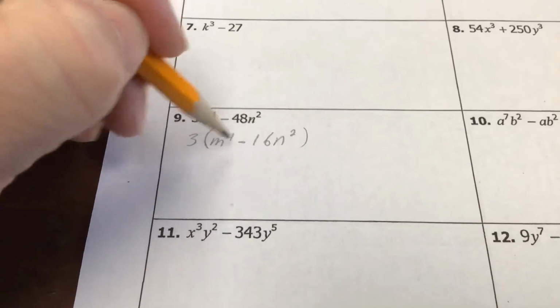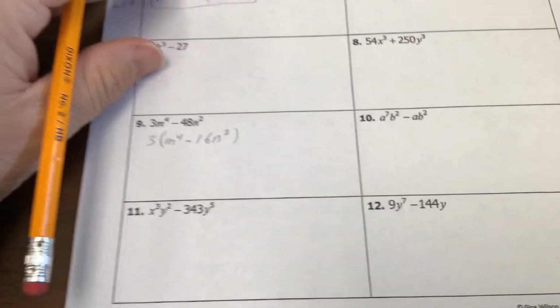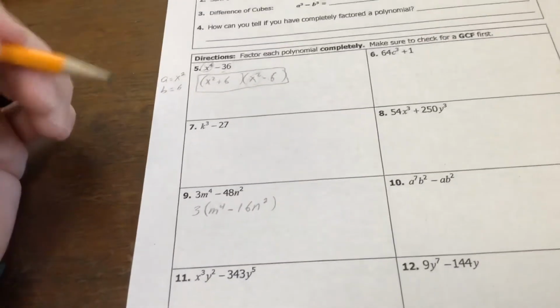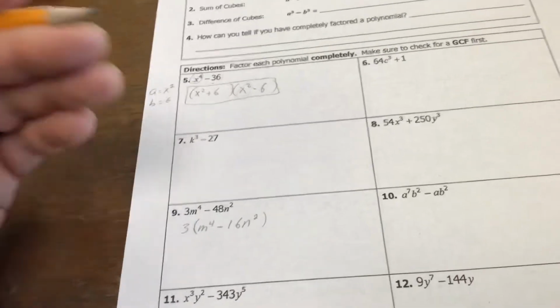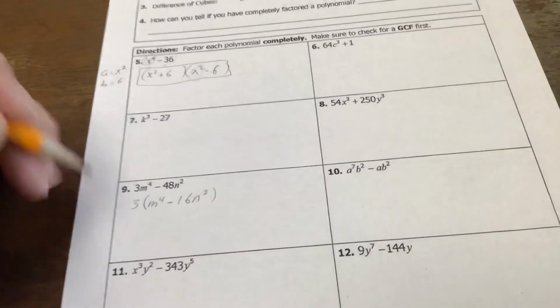So now I'm looking at this, okay? Give me a second to reposition. I hope y'all don't get motion sickness real easy. I look at this and I say, all right, m to the fourth. Can I take the square root of m to the fourth? And the answer is yes, it's m squared.